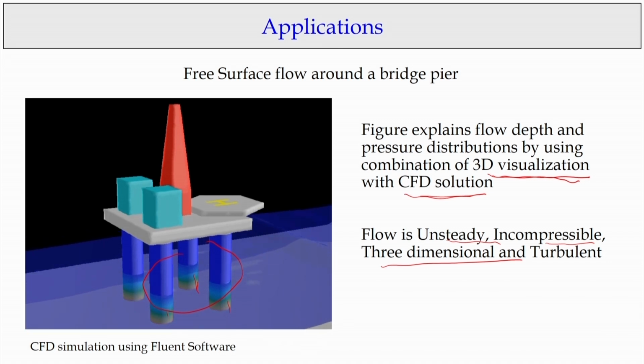It is possible nowadays to solve the full-fledged turbulent Navier-Stokes equations with some approximations. So, that is my point: even if I just talk about the control volume concept, which is a very gross characteristic, today it is possible to have these 3D visualizations and the CFD solutions, which give us real life problems like what I am showing, a free-surface flow around a bridge, the breaking of the waves, and also the pressure distributions changing from pier to pier.